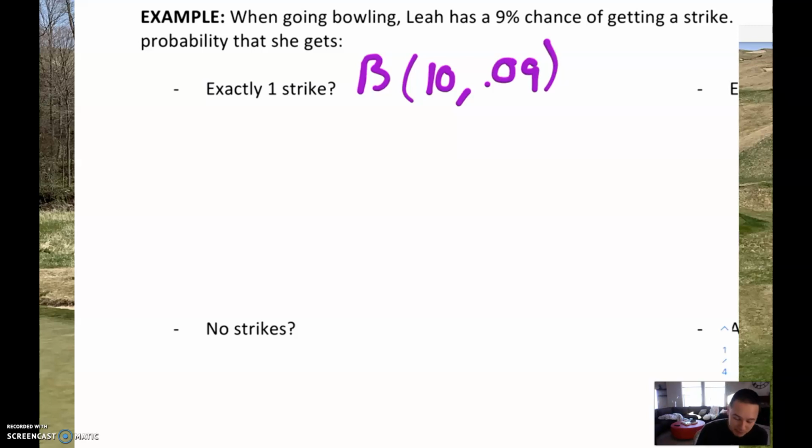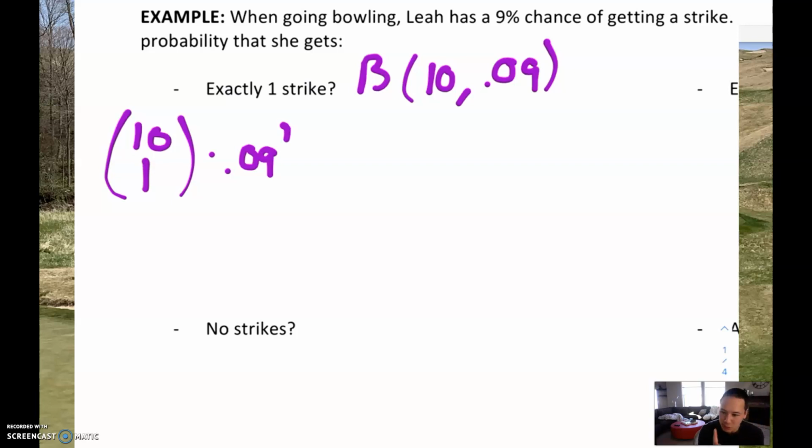To calculate this probability, we are going to do 10 choose 1 because there's 10 trials and she's going to get exactly 1 strike, times the probability of success, 0.09, raised to the first power. She's going to get 1 strike. And then it's going to be times 0.91 to the 9th power.